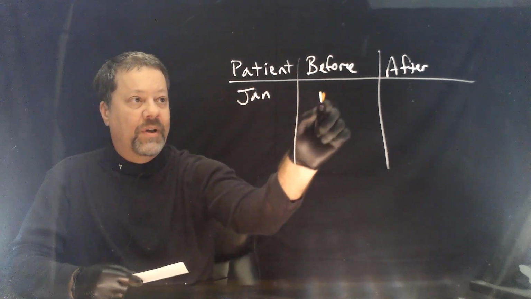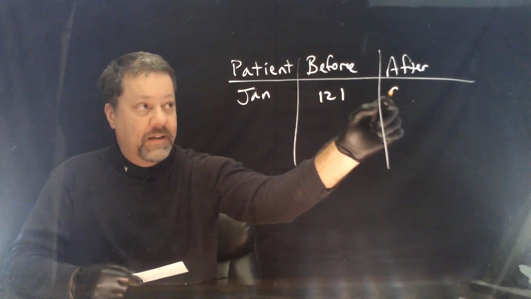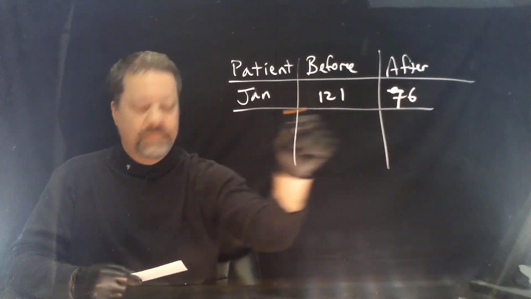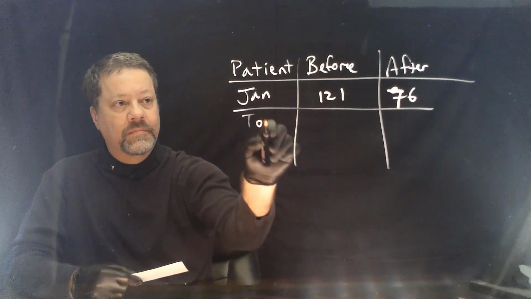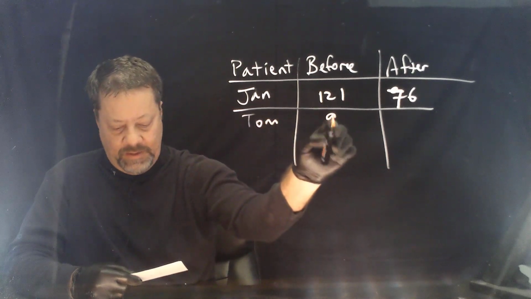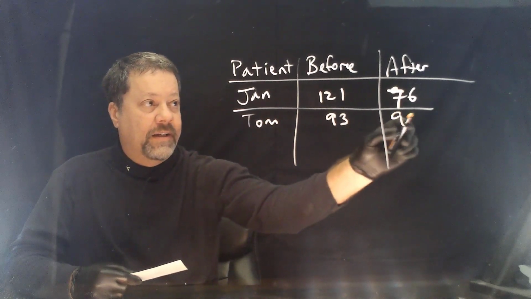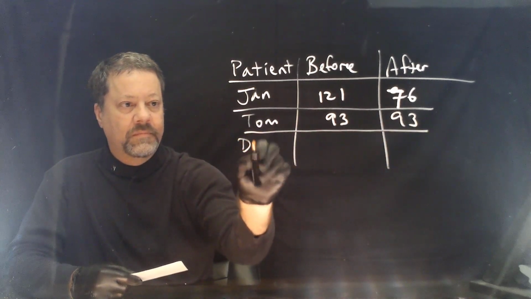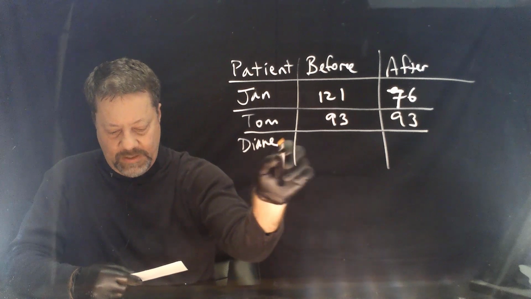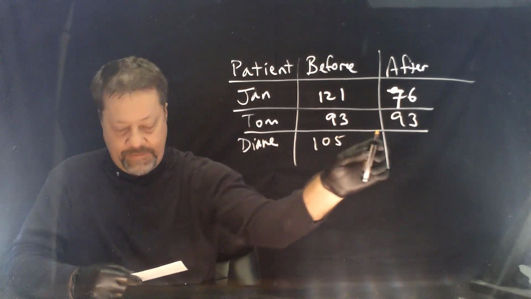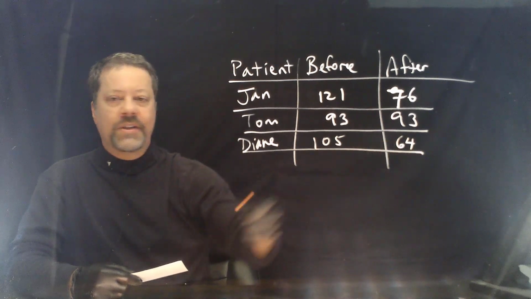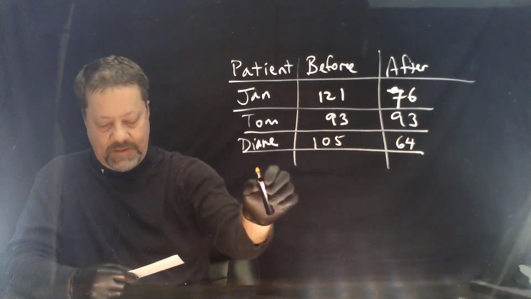Jan had a 121 and then 76. Tom, 93 and then 93. Diane, 105 and then 64. So she seems to have chilled out after counseling.